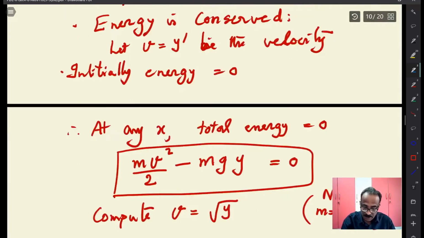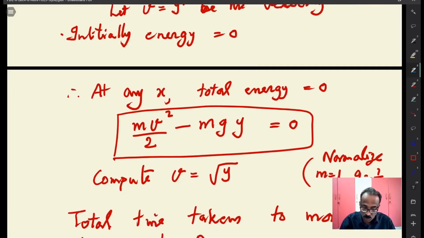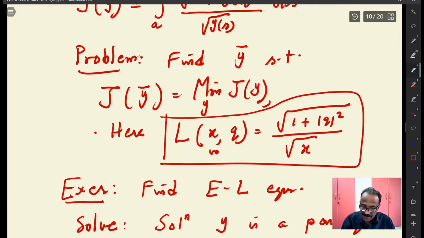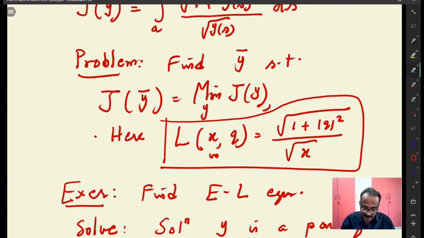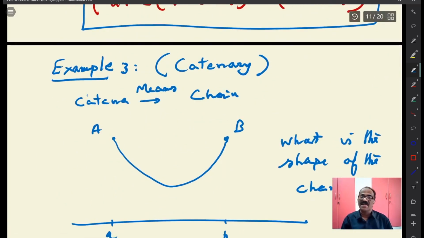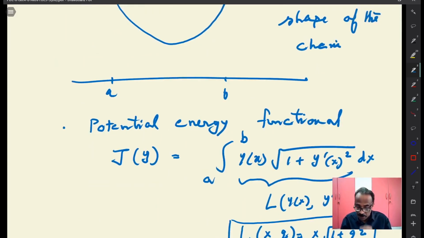We used the conservation of energy, and we defined L given by this functional, and the exercise was left to us to write it down and solve it. When you solve it, you see that the solution is actually a cycloid. The third problem we discussed was the catenary, where you have a freely hanging chain and you want to find the shape of that curve, and it turned out to be a hyperbolic function.